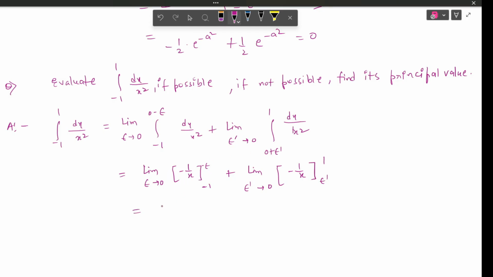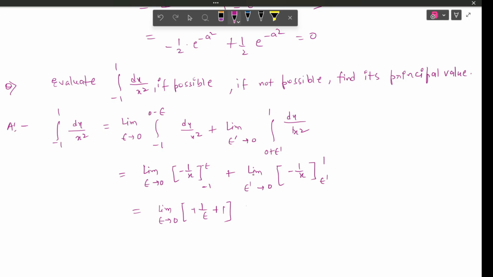If you put it here, it would be limit epsilon tends to 0, minus 1 by epsilon, that is plus 1 by epsilon. This is the upper limit minus the lower limit, so minus minus plus, it would be 1.